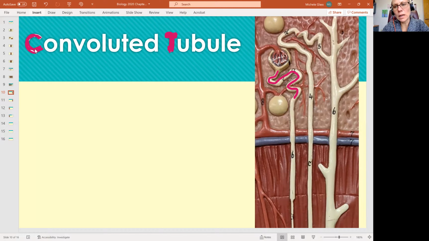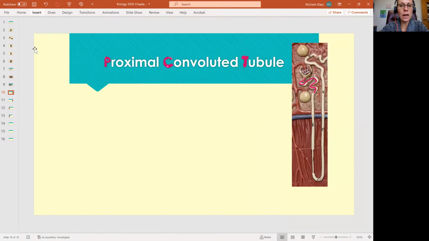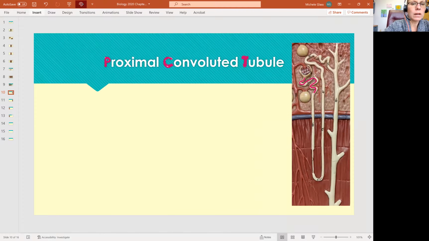And then I've highlighted in this pink color what would be the proximal convoluted tubule, which we can abbreviate as PCT. So it is this piece of nephron that is connecting the glomerular capsule or Bowman's capsule to what we're going to call the loop of Henle, or you can call it the nephron loop.